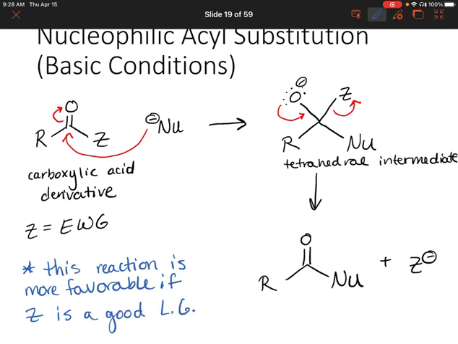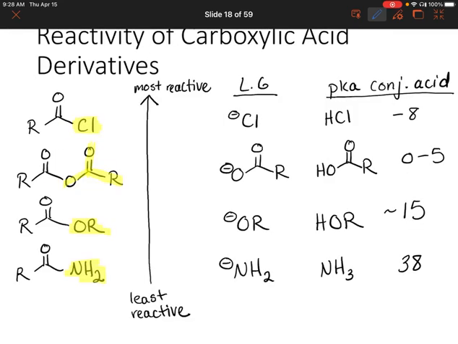So again, going back to our reactivity chart, if Z is chlorine or bromine, then that's a very favorable reaction. If it's a carboxylate, then that's also pretty favorable. If the leaving group is an alkoxide, then it's not as favorable. And if we have an amino group there, then it's really not very favorable. It's going to be the least reactive.